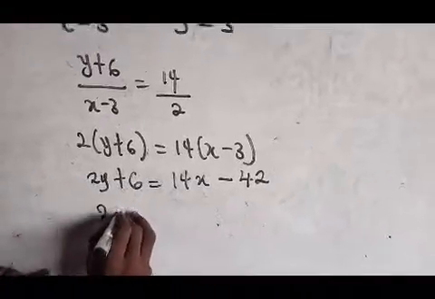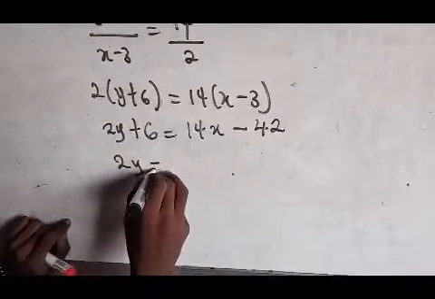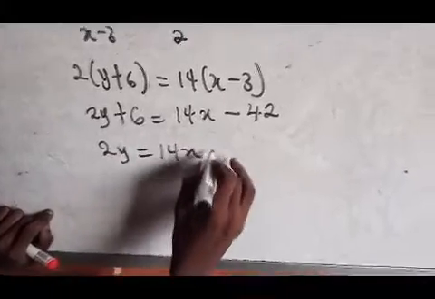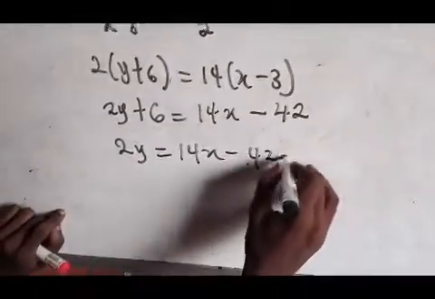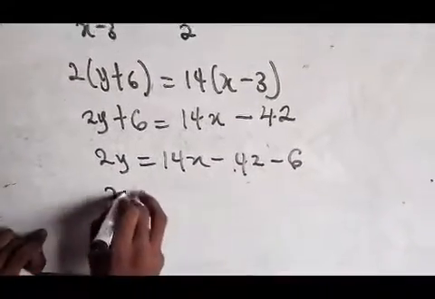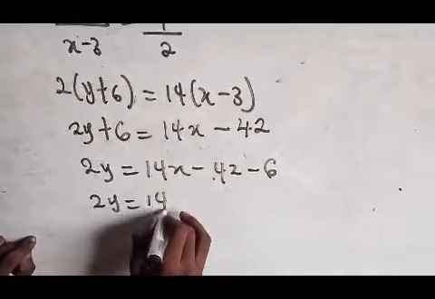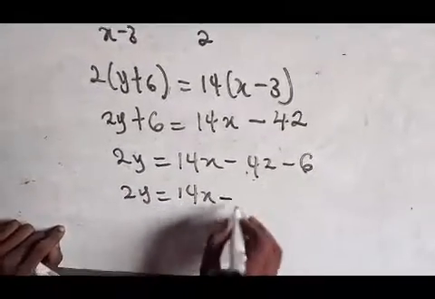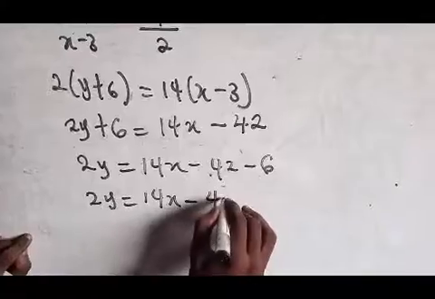Then you have 2y equals 14x minus 42 minus 6. So you have 2y equals 14x minus 48.